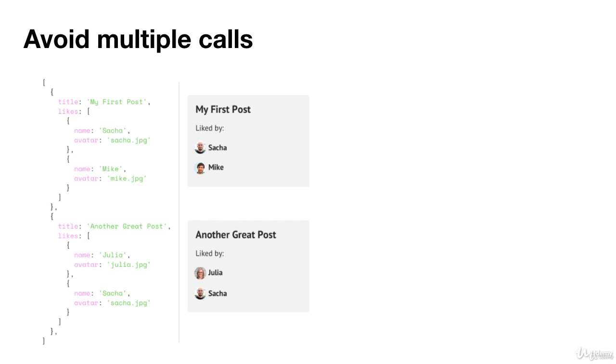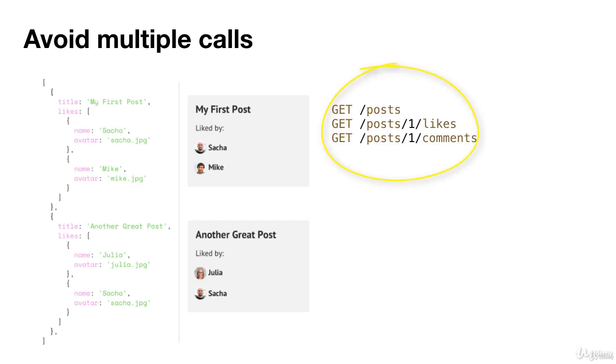How will you handle this in the REST background? You have to send three requests. Let's imagine there is a post request. You need to send a get request to fetch all the posts. You need to send a get request to fetch all the likes for a single post. Let's say you would like to display all the comments for each post. So you have to send three requests.